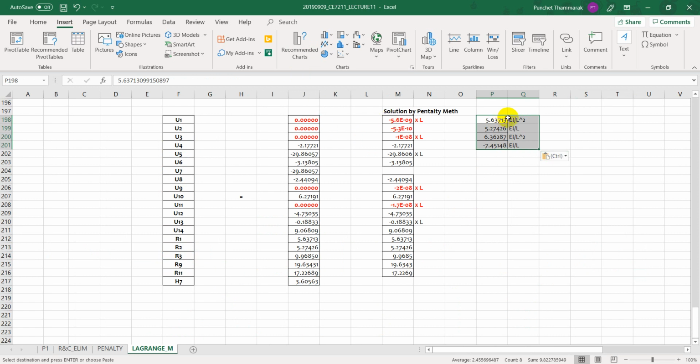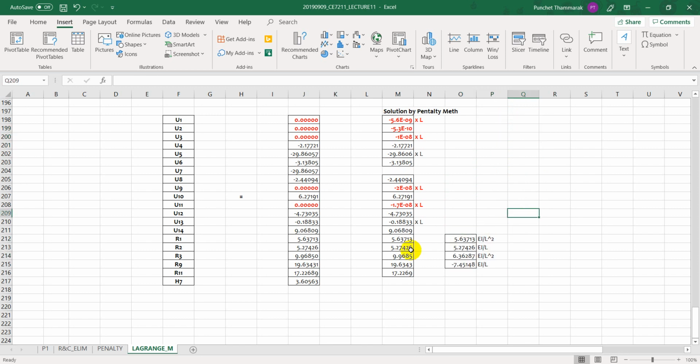And that is displacement, right? Here is the reaction force at degree of freedom number 1, reaction moment, right? Over here, this is R3. You find something different. You have 6 something, but that is 9 point something.